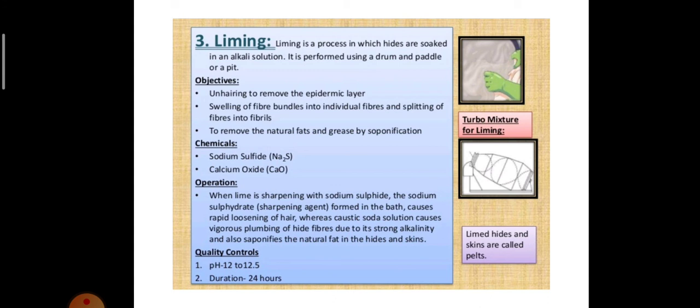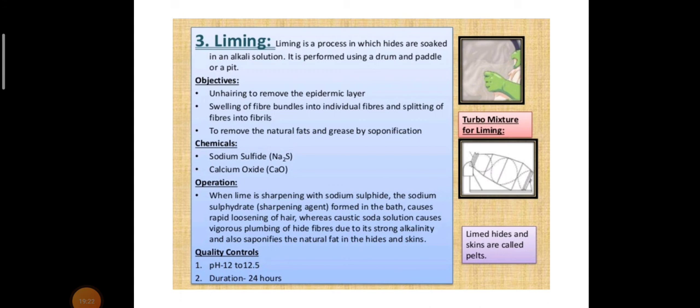The inner layer contains blood and fat as well as grease. So the main objective of liming is to remove the natural fats and grease by saponification. The chemicals used in liming are sodium sulfide, Na2S, and the second one is calcium oxide, CaO.